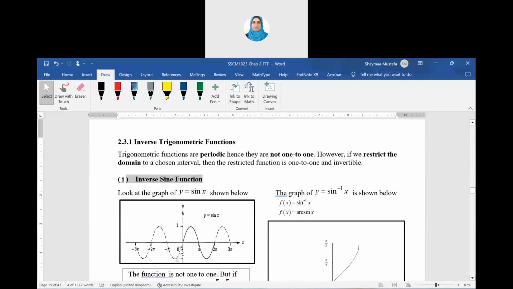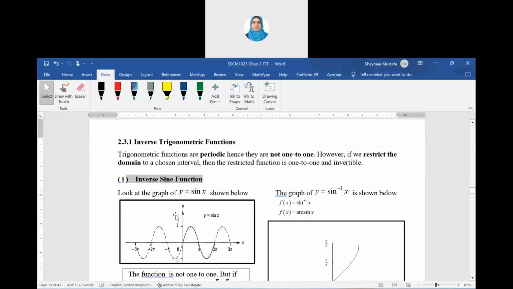Okay, so to define the inverse for this function, we have to restrict the domain. We have to choose a domain that is one-to-one. We cannot choose from 0 until 2 pi because it's still not one-to-one.